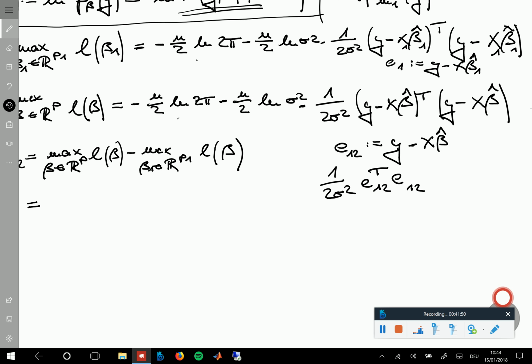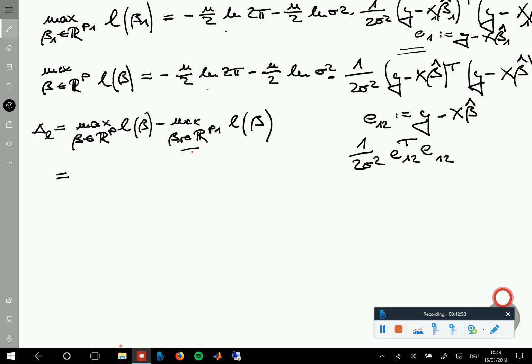So now if we subtract this one, which is this part here, from this, then of course this negative thing gets positive. So we get 1 over 2 sigma square, epsilon 1 transposed epsilon 1 minus epsilon 1 2 transposed epsilon 1 2.